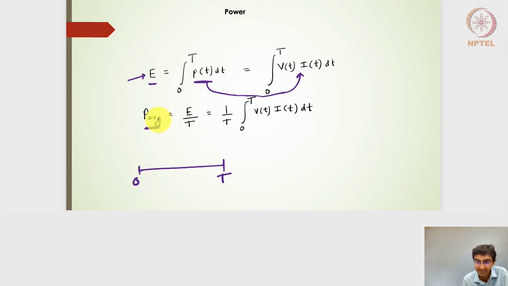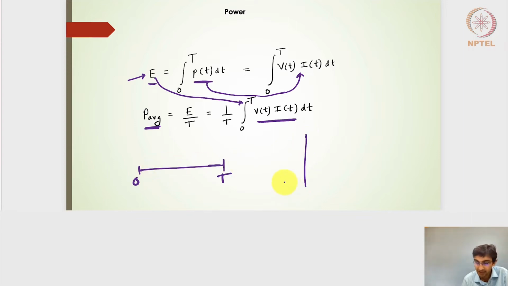So P average equals 1 by t times the integral from 0 to t of P of t dt. Remember that P of t is the instantaneous power, the power released, dissipated or consumed at that particular time instant, and P average is whatever is the average power across the time duration of 0 to t.